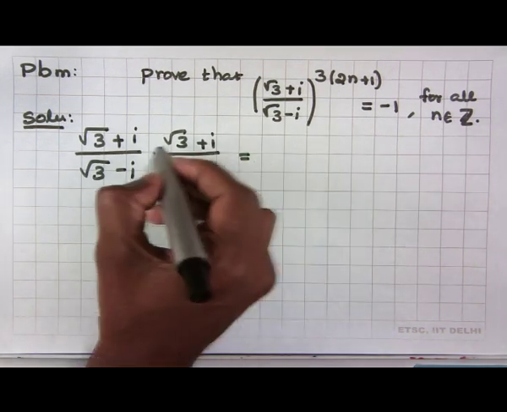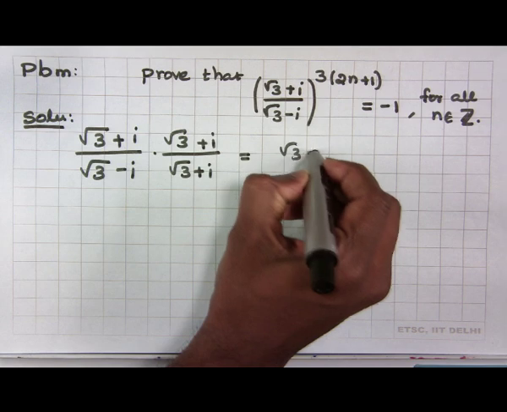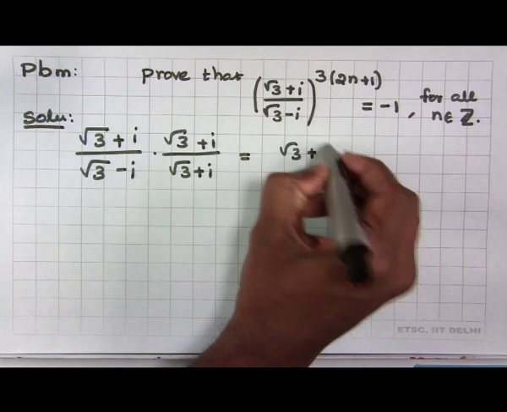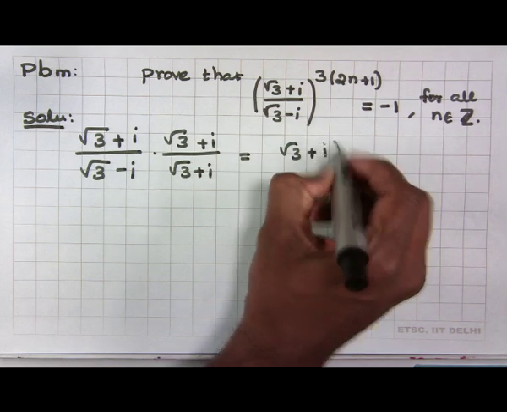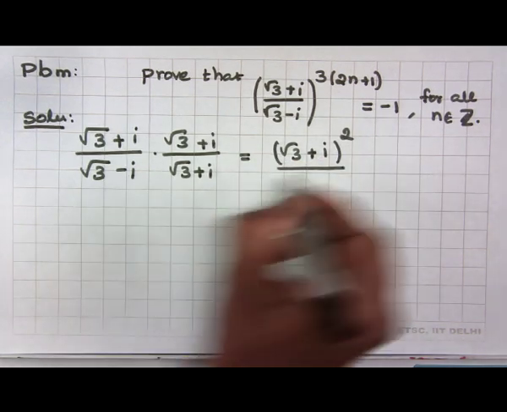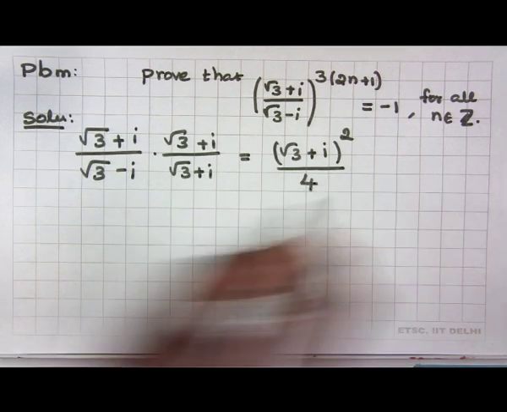We get (√3 + i) the whole square, divided by 3 plus 1, which is 4.